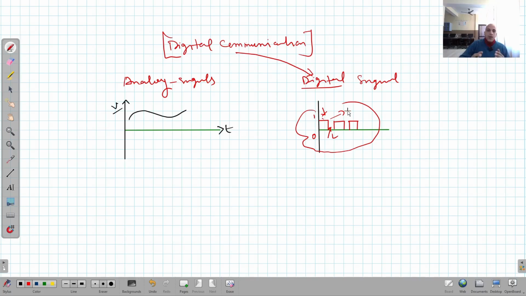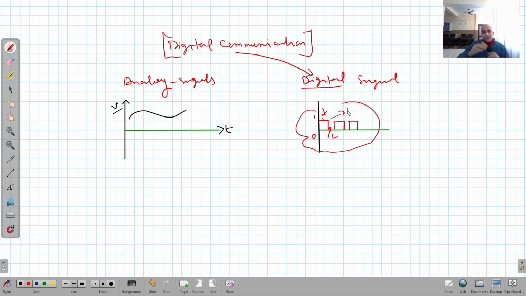Digital signals have only two possible values for the voltage or current during their variation, whereas in case of an analog signal, all values are allowed in the given range, whether it is from 0 to some particular value, or from a negative value to a positive value. So all the values in between that range are allowed in analog signals.